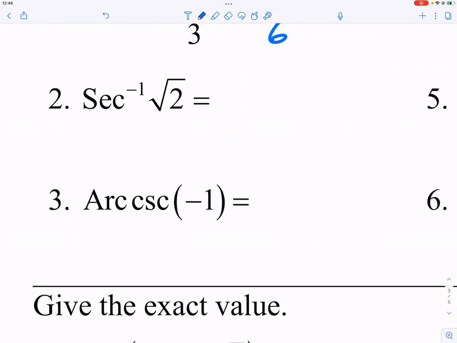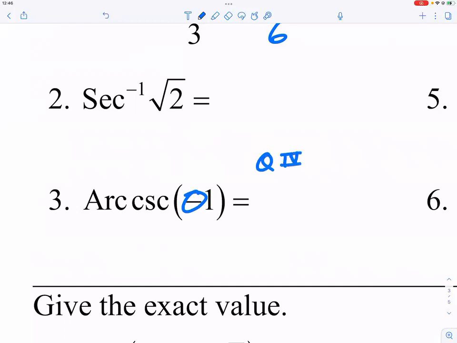Now for number 3, there are a couple of ways you can think about it. You can ask a very simple question: cosecant of what angle gives me -1? Well, first, it's a negative. So what's the restriction? It's a negative, so it must be in quadrant 4.